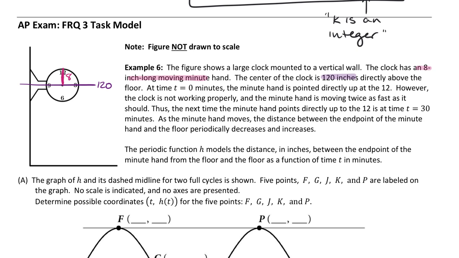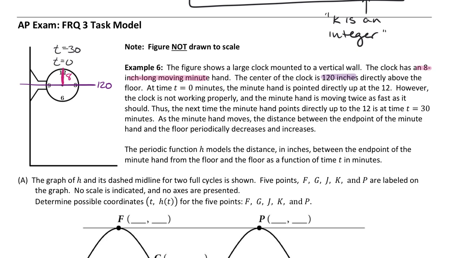The 2 other pieces of information you need are a start and a stop time. It says that the minute hand at t equal to 0 is directly up at the top. When is the next time that the minute hand would go around the clock and end up back at the top? T equals 30. We know it should take 60 minutes, but this clock is broken, much like mine.